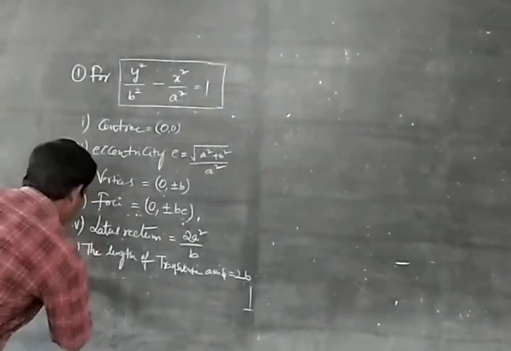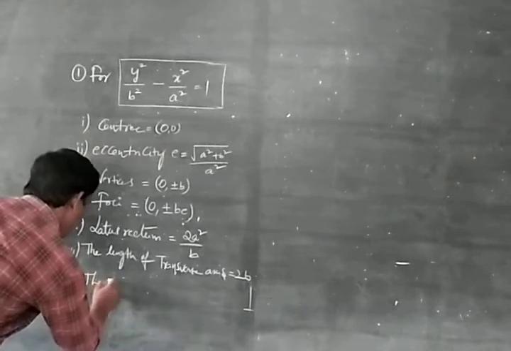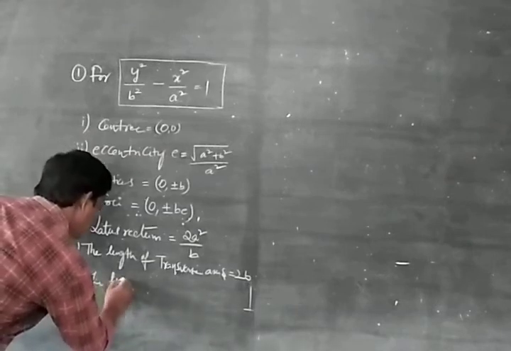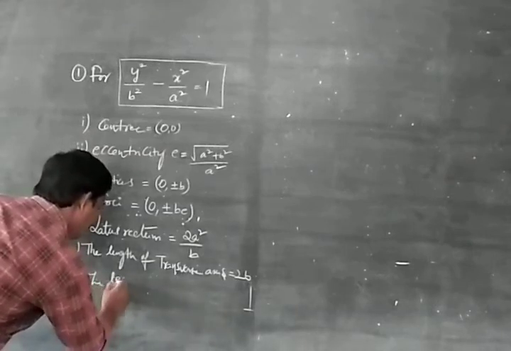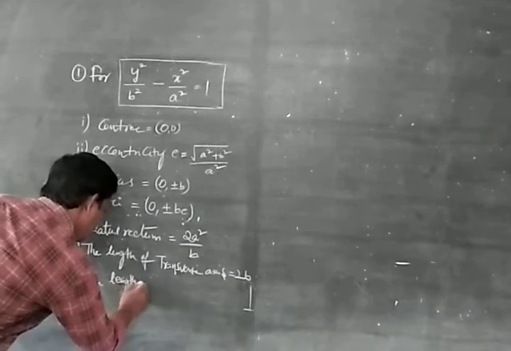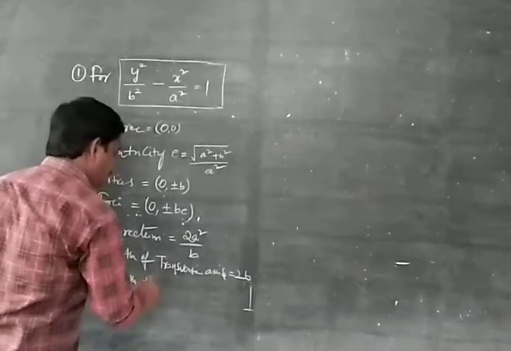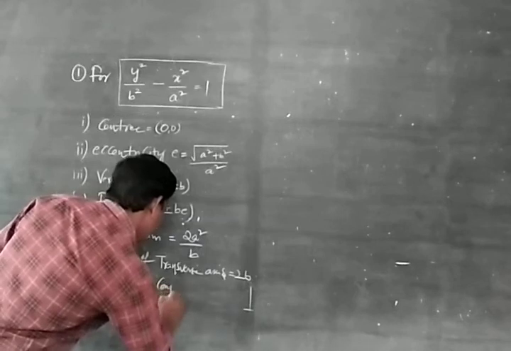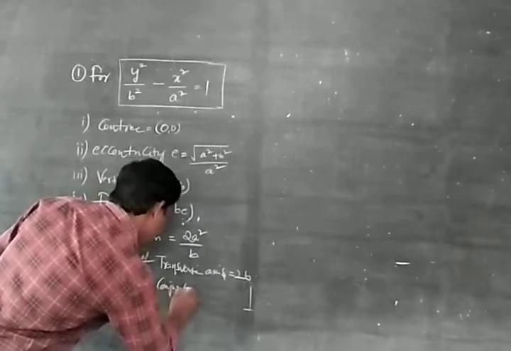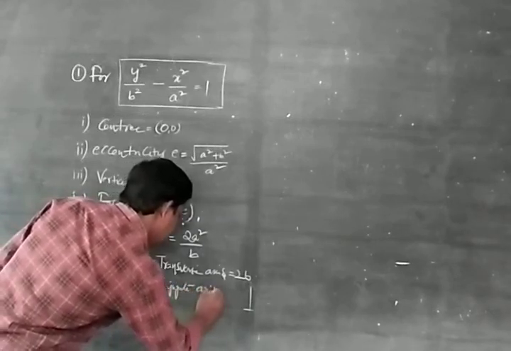The length of conjugate axis equal to 2a.